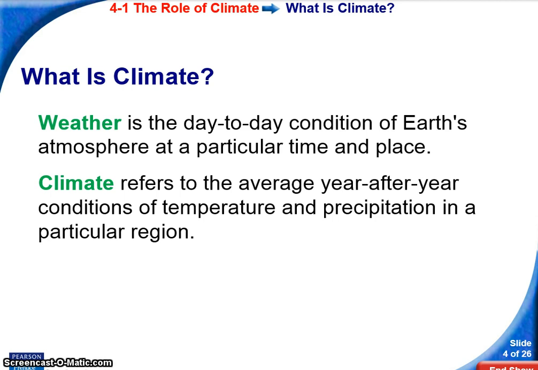So the climate of an area is going to take all of those day-to-day conditions and average them together, so you come up with a more similar environmental climate. So you'll be able to say, I live in this climate, or I live in this climate. My climate is dry, my climate is cold, my climate is wet. That's what climate is going to refer to.